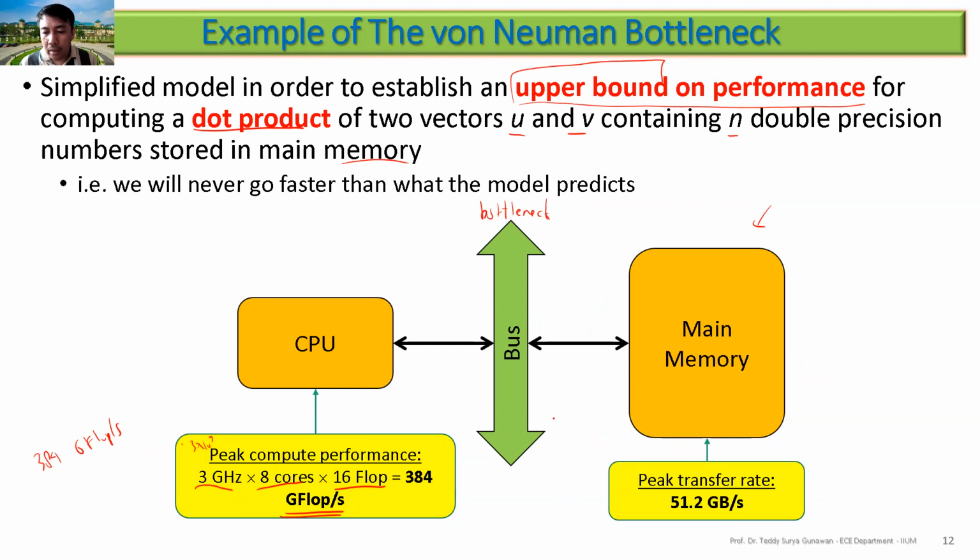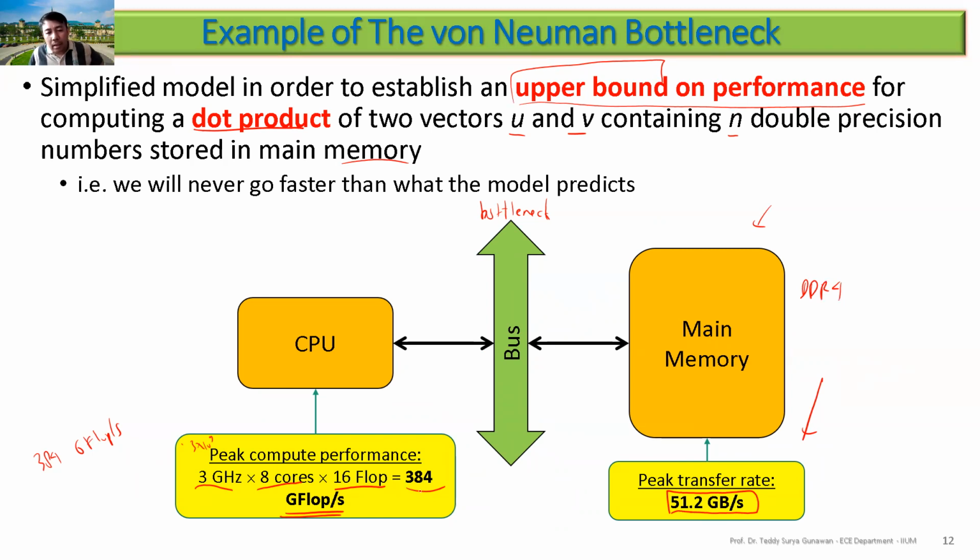So we have main memory, and the maximum is 51.2 gigabytes per second. This is the peak transfer rate of DDR, maybe DDR4, compared to the 384 giga floating point operations per second.